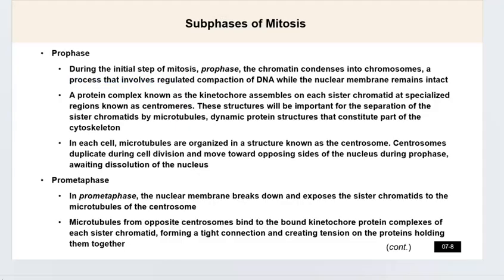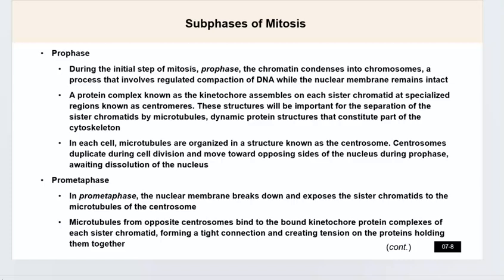Okay. Prophase. So during the initial step of mitosis, prophase, the chromatin condenses into chromosomes. This is a process that involves regulated compaction of DNA. But remember, during prophase, the nuclear membrane remains intact. A protein complex assembles on each sister chromatid at specialized regions known as the centromeres.